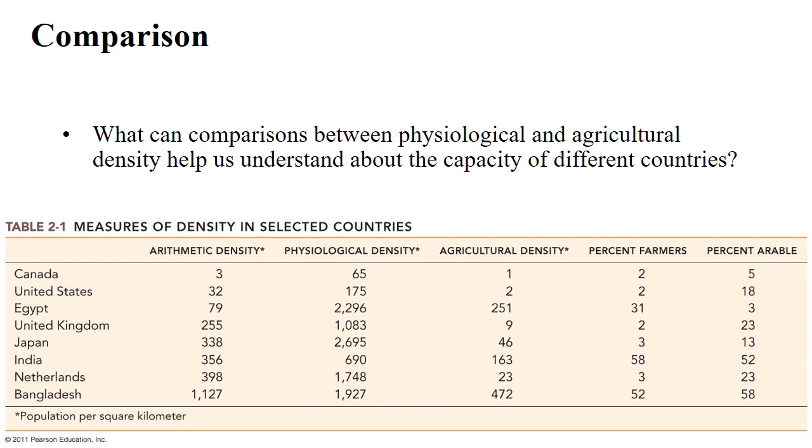The agricultural densities are so different, right? In the Netherlands, there's something like 23 farmers per square kilometer of farmland. In Bangladesh, it's 472 farmers per square kilometer of farmland. This is a direct reflection of very different levels of economic development. The Netherlands is much wealthier, and so its farmers are assisted by all the benefits of modern technology, government subsidies, etc., that the farmers in Bangladesh lack, okay?